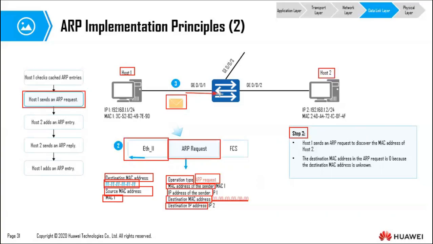You receive the broadcast frame, you send it out to all the connected devices. Are we together? But only host 2 will process it. Why? Because they will look at the destination IP address. So that is step 2.